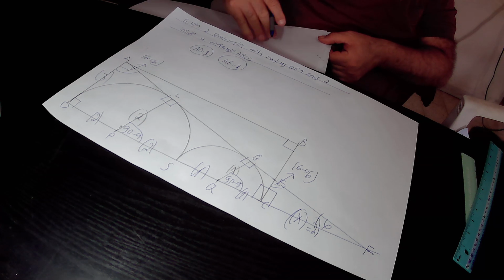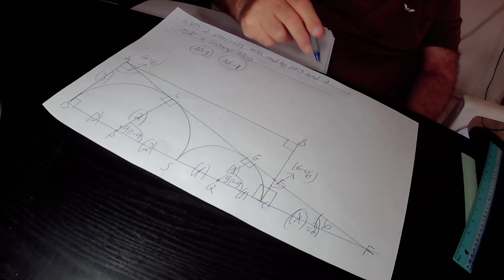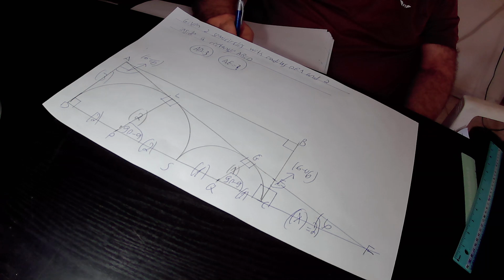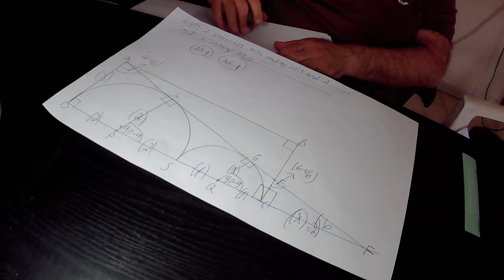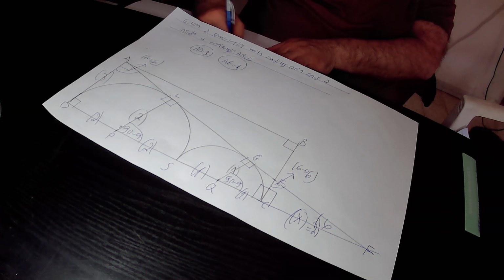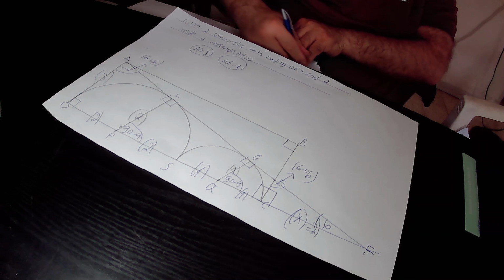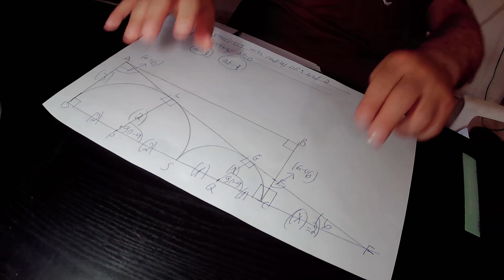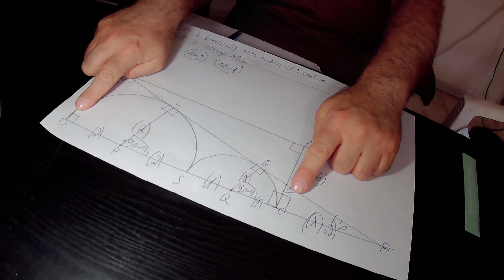So why are those two right triangles similar to each other? First of all, those two angles are both equal to 90 degrees, and therefore they are equal to each other.